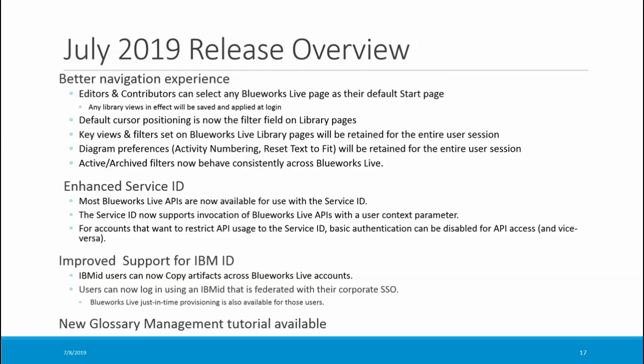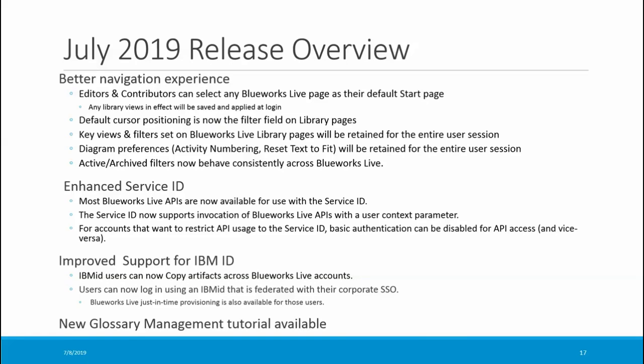We saw the service ID enhancement, so most Blueworks Live APIs are now available for use with the service ID. The service ID now supports invocation of Blueworks Live APIs with the user context parameter. And for accounts that want to restrict API usage to the service ID, basic authentication can be disabled for API access or vice versa. We also covered the IBM ID improvements.